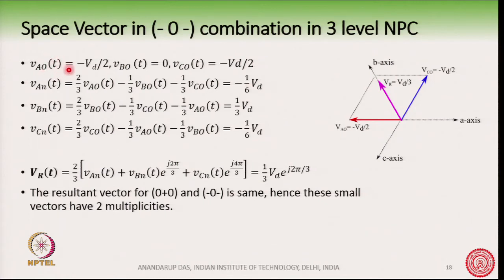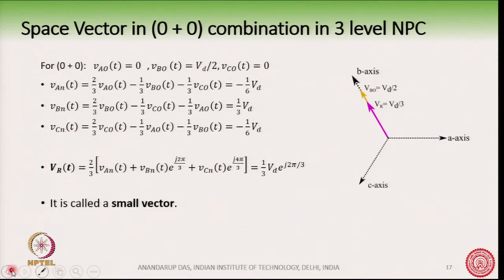Suppose this is the minus 0 minus combination. You put VAOT minus VD by 2, VBOT 0 and VCOT also minus VD by 2, and then you can find out VANT again like this, and then VRT or the resultant space vector as 1/3 VD e to the power j 2 pi by 3.